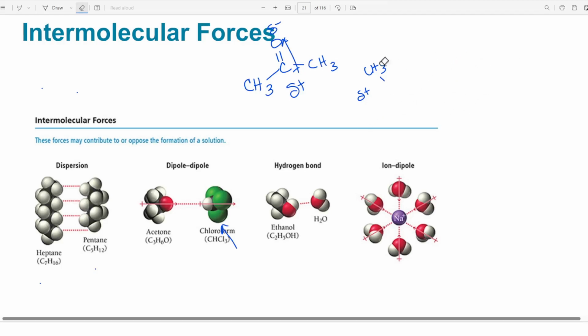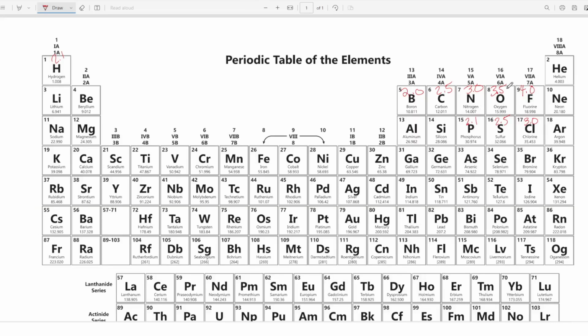The next type of intermolecular interaction that we'll look at is hydrogen bonding, and this is one of the most important ones, one of the ones that we'll see over and over again. Hydrogen bonding exists generally when you have a hydrogen on an atom like oxygen or nitrogen. So you see here that the electronegativity of oxygen is 3.5 and nitrogen is 3.